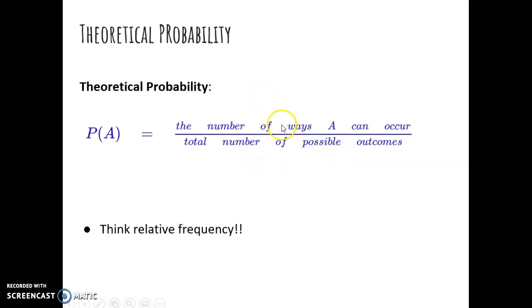We normally write this as a decimal rounded to the 4th decimal place, although technically you could leave it as a reduced fraction, or you could change it to a percent, but mostly we leave it as a decimal, as a proportion. If you think about this, this is really similar to how we find relative frequency.